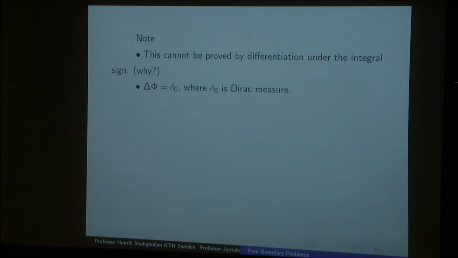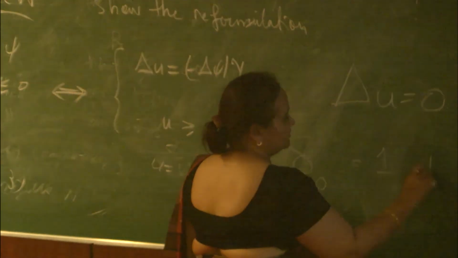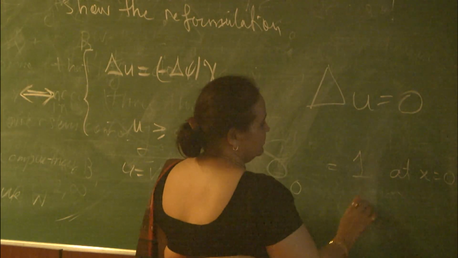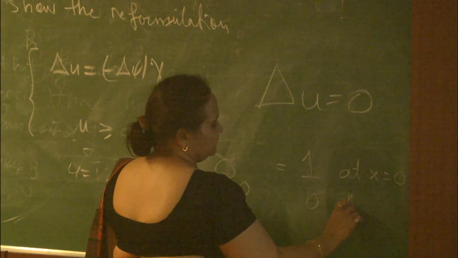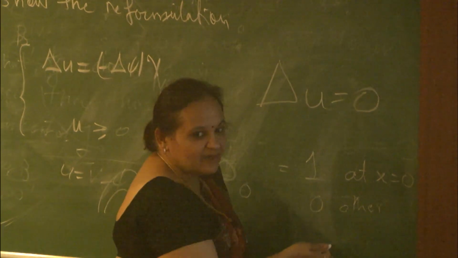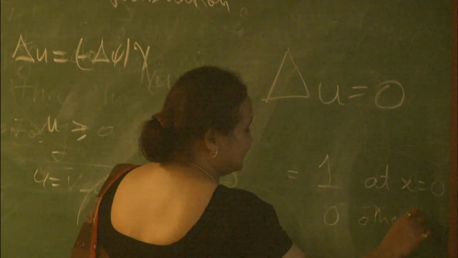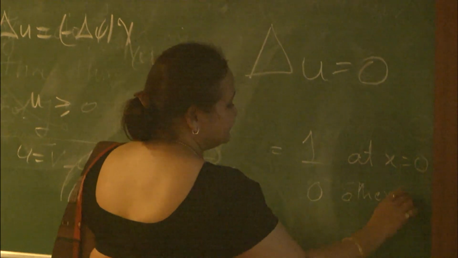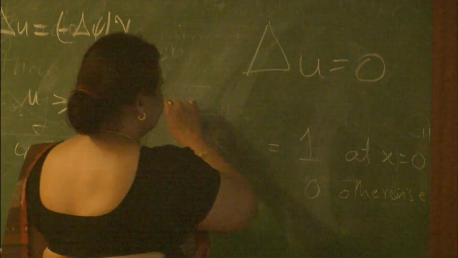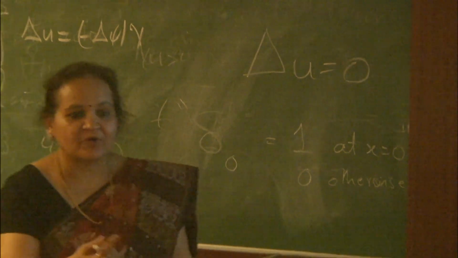So the way you think of it is 1 at x equal to 0 and 0 elsewhere. Anyway, this is a bad way to write it, but it is a point mass.